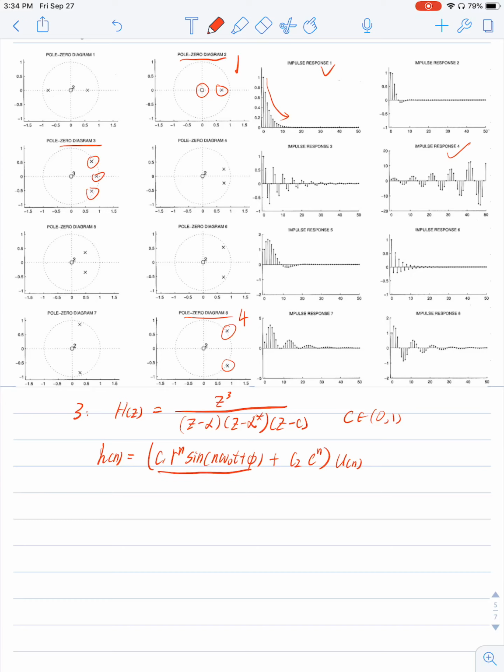The first part is a decaying sinusoid, and the second part is like diagram 2, a monotonic decay. The monotonic decay term moves the decaying oscillation term away from the center. Only impulse response 7 is possible.